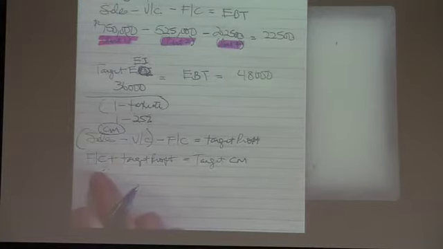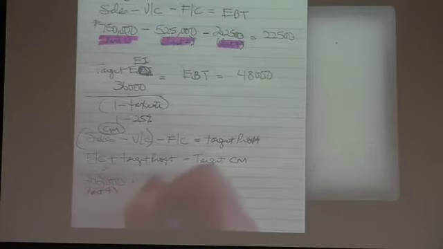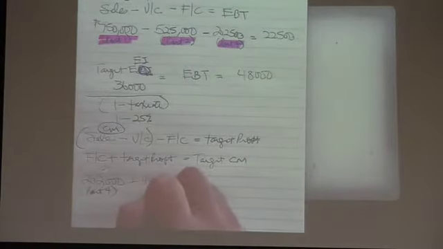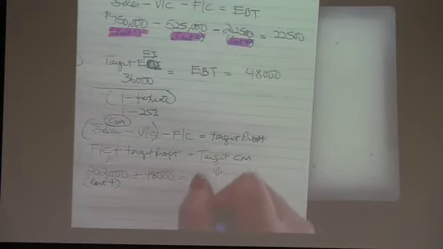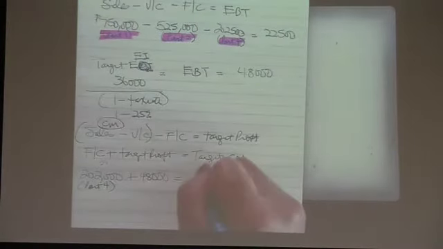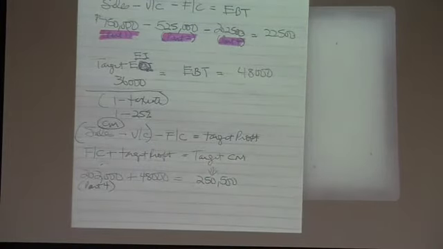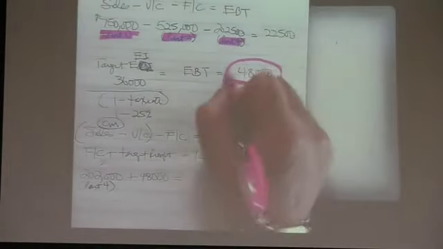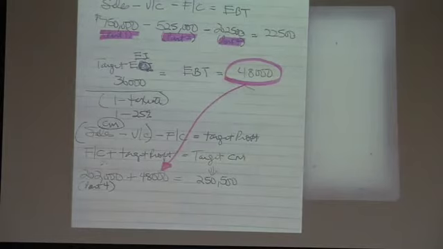Do we know the fixed cost? Yeah, we do. That was part 4. Fixed cost was 202,500. The target profit is 48,000. That gives us the contribution margin. We know the target contribution margin is 250,500.